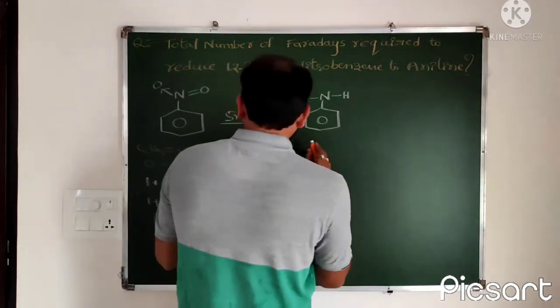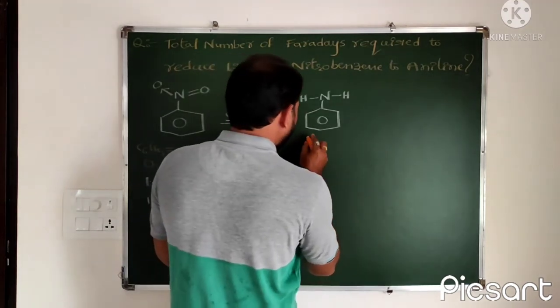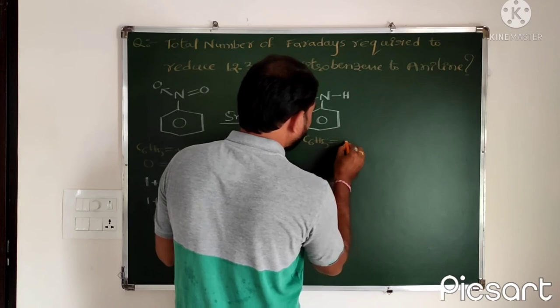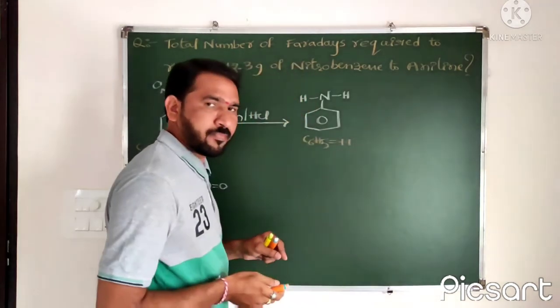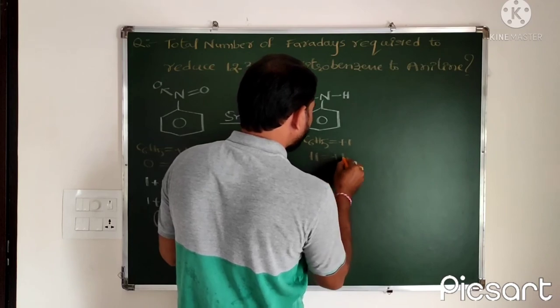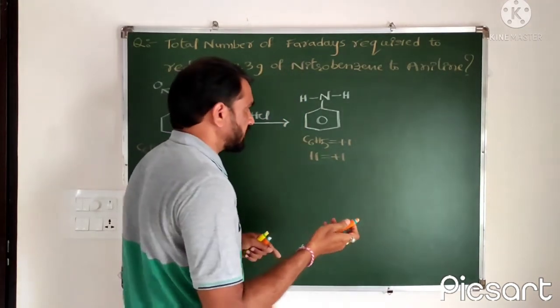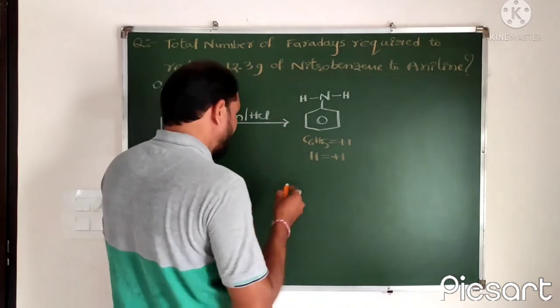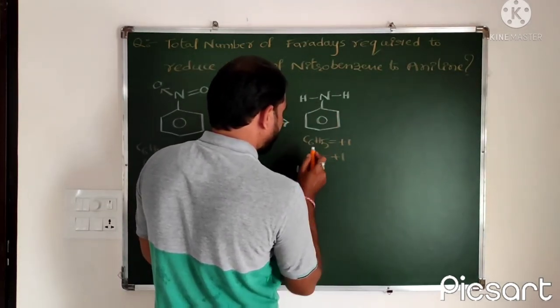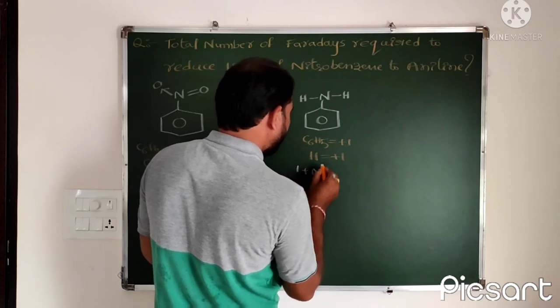Here also the same phenyl ring, C6H5, oxidation state is +1. Hydrogen oxidation state is also +1. What about nitrogen? Let me discuss. Here also, first the phenyl ring with oxidation state 1, plus nitrogen, right?